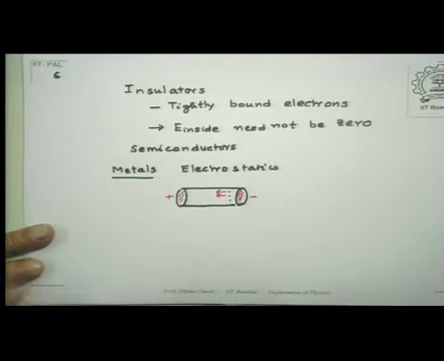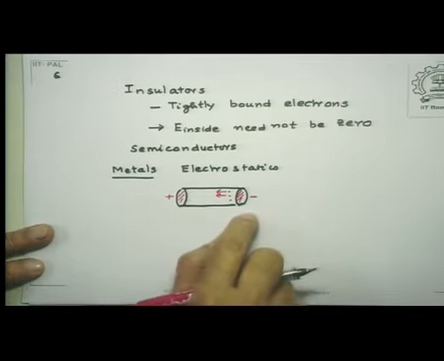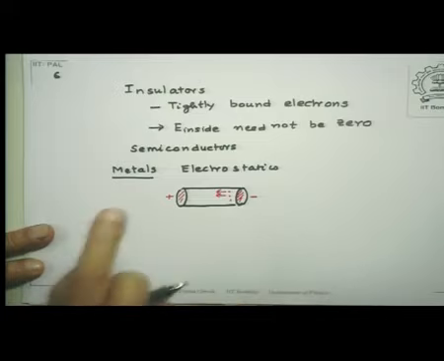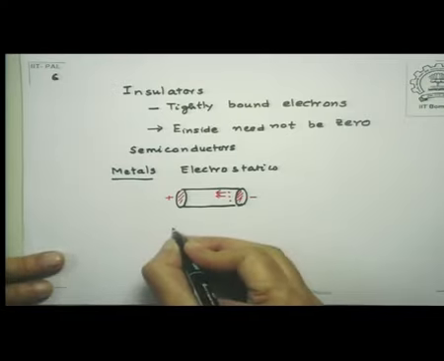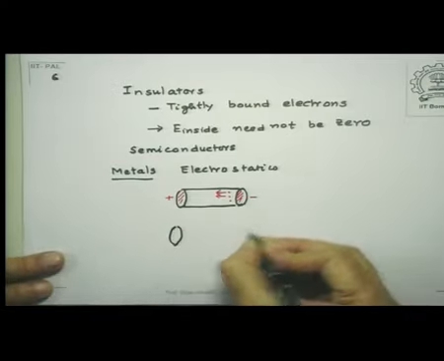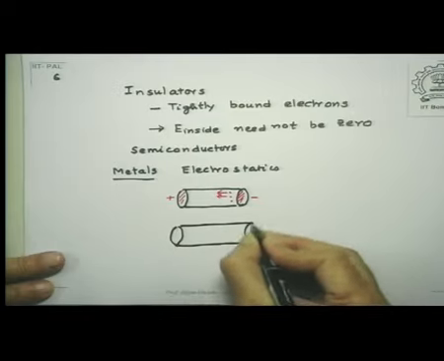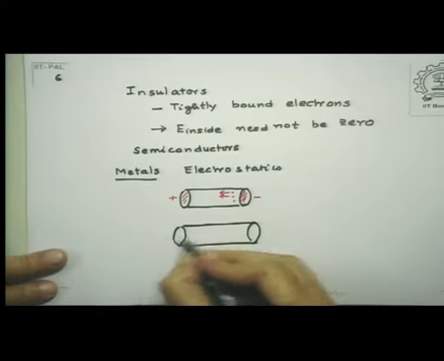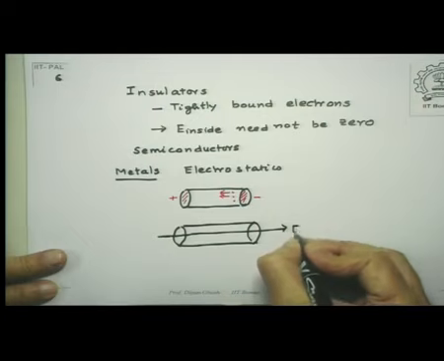Suppose I had a situation like this, but I did not have a static condition because I had applied an external electric field. So, let us draw the external electric field and see what happens. I have the same situation there, and let us suppose I have an external electric field in which this has been placed.